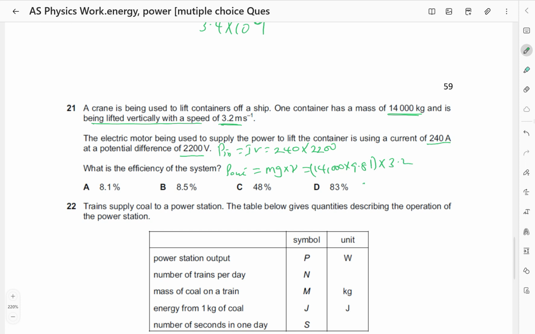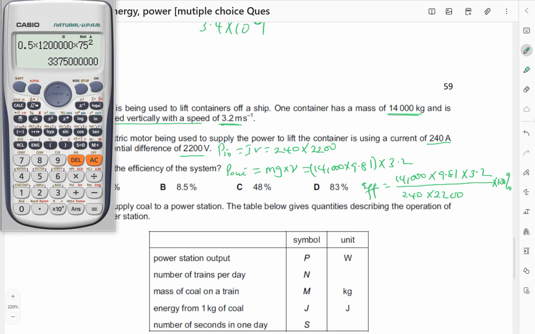So let's find the efficiency now. So efficiency is going to be the power output, which is 14,000 times 9.81 times 3.2 divided by 240 times 2200. I will multiply this by 100 to change it to percentage. So we can check.